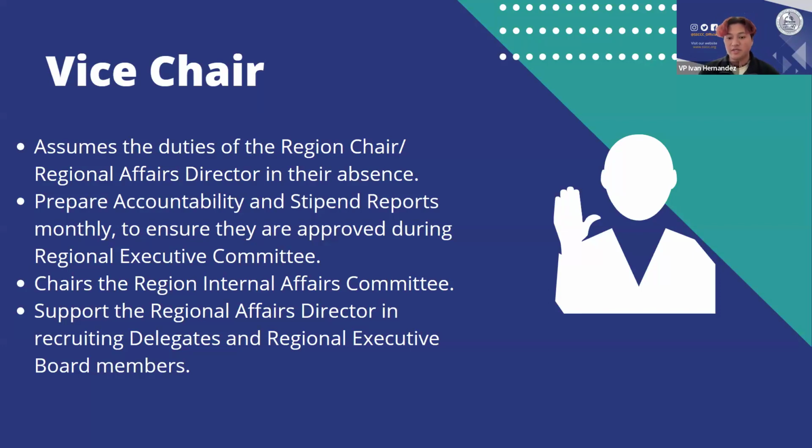I have already submitted the regional accountability and stipend reports to the RADs, so they should have it in their executive meeting or delegate assembly for approval, because it does need to get approved by the executive board or the delegate assembly. As soon as that gets approved, it gets sent to me. I make sure that everything looks good, and then SSCCC staff make sure that they send it out to all the corresponding delegates.